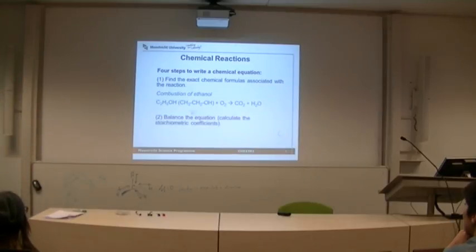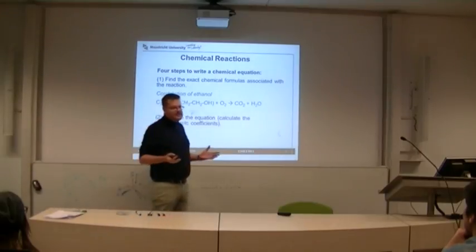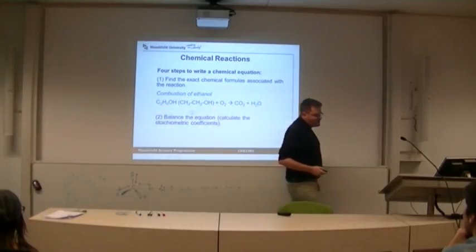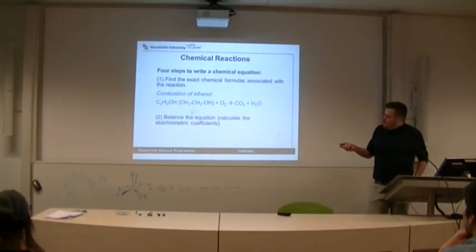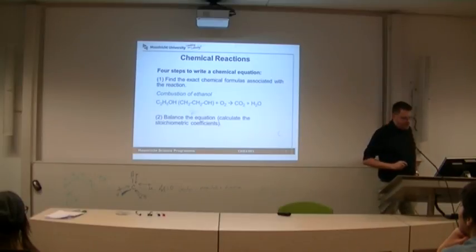I mean, most of you have certainly done this in high school, but the important thing is, of course, figuring out what chemical formulae are associated with a process that you're studying. For example, if we have the combustion of ethanol, that's the formula for ethanol over there. If we react this with oxygen, right, we get carbon dioxide and water as products.